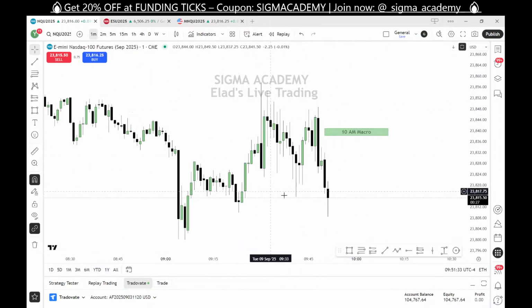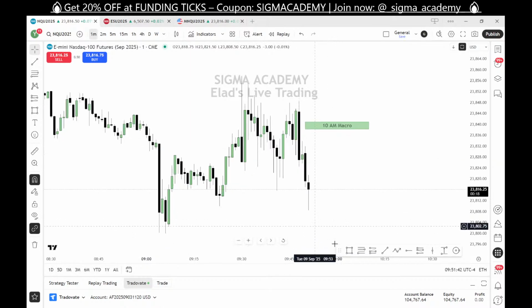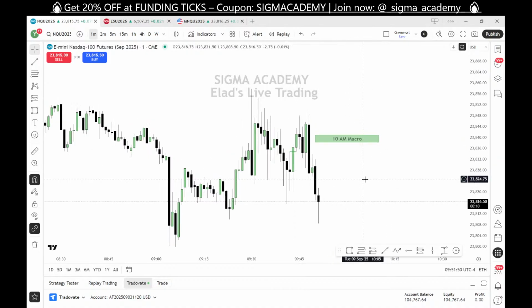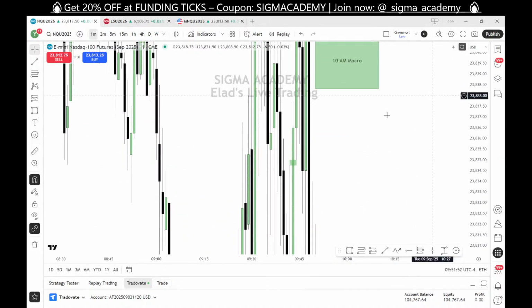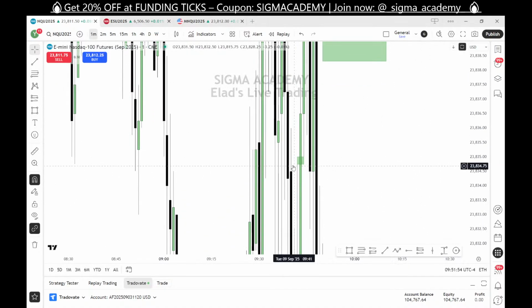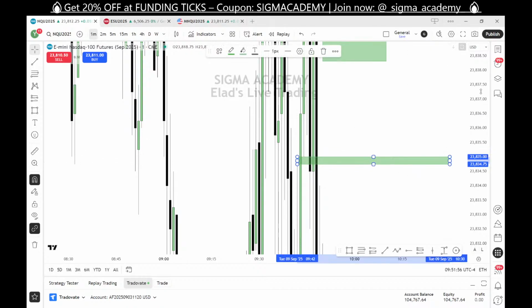We don't have any move in the first 20 minutes, and then the macro begins, we are going lower. And this is the first presented, maybe this one? No. This right here is the first one. See? This big small one.